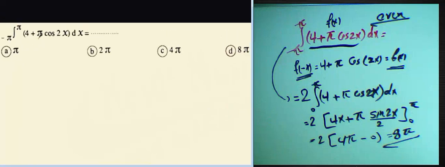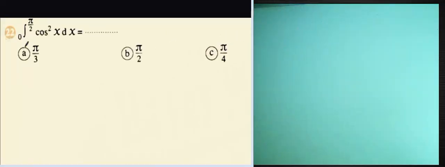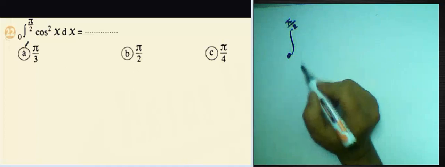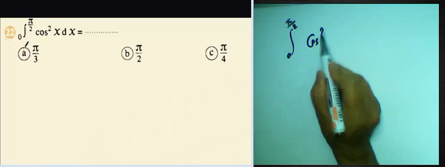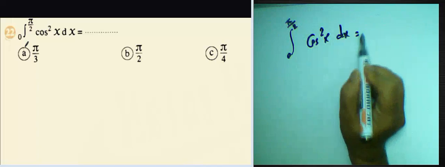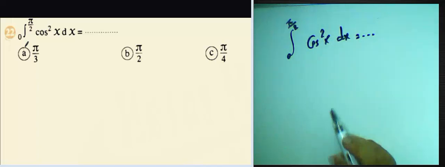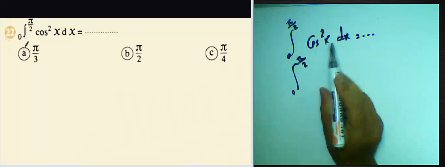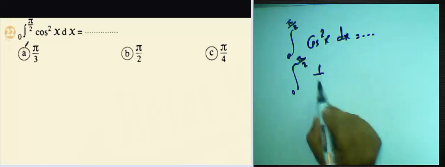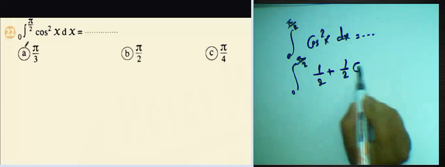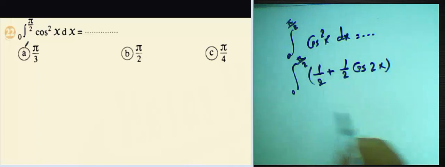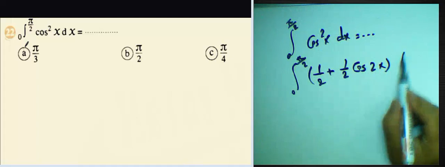Exercise D. Integration from 0 to pi over 2 of this function, cosine power 2x dx. We can find the integration of this function by writing the identity: cosine squared x equals half plus half cosine of twice the angle, 2x, dx.